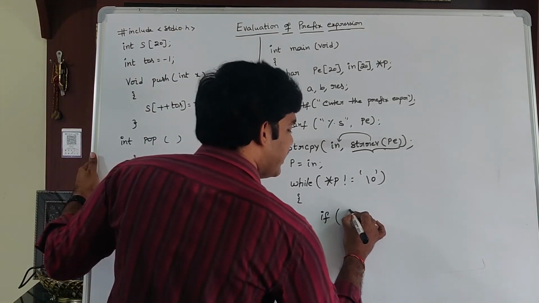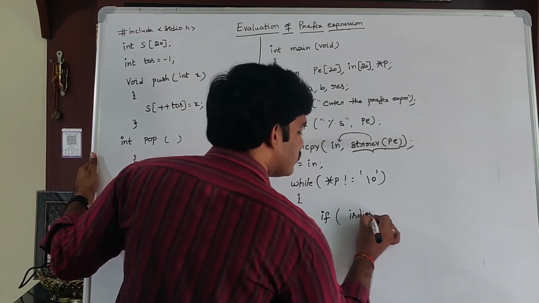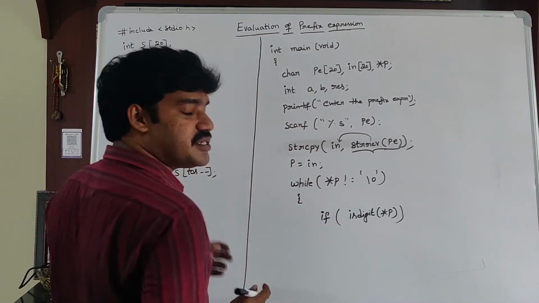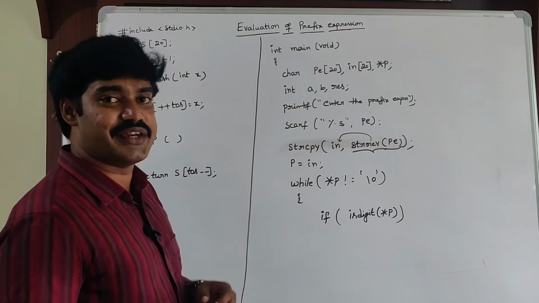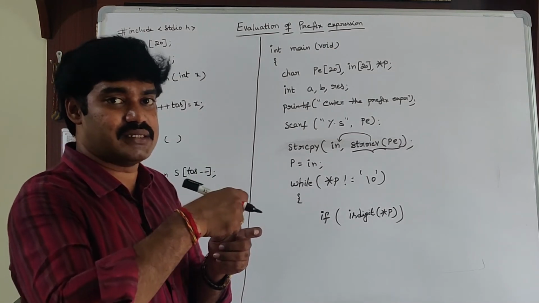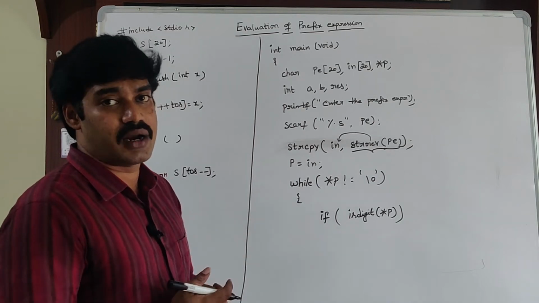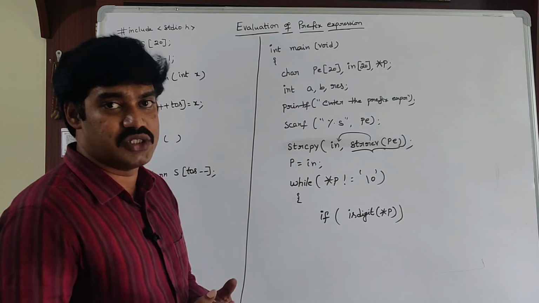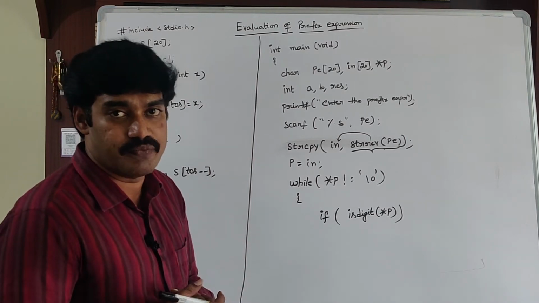If isdigit of star p. isdigit is a predefined function defined in ctype.h header file. It checks whether the given character is in between 0 to 9 or not. If the given character is in between 0 to 9, then it returns non-zero, otherwise it returns 0.